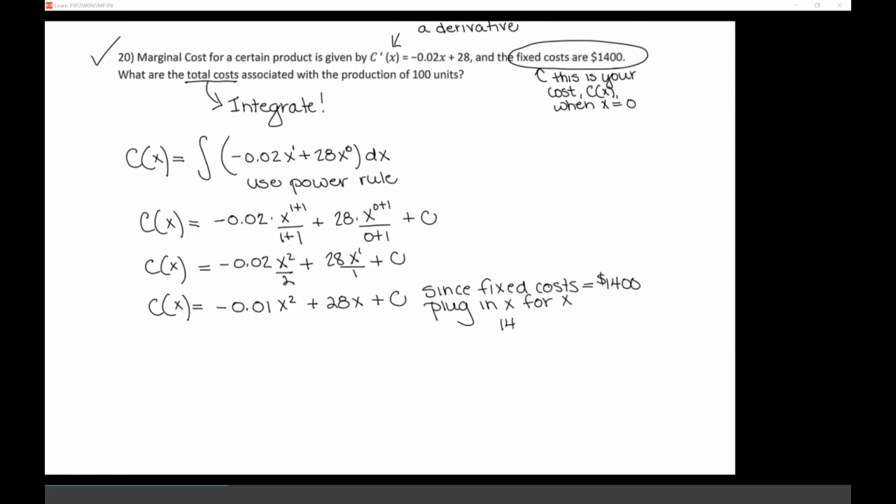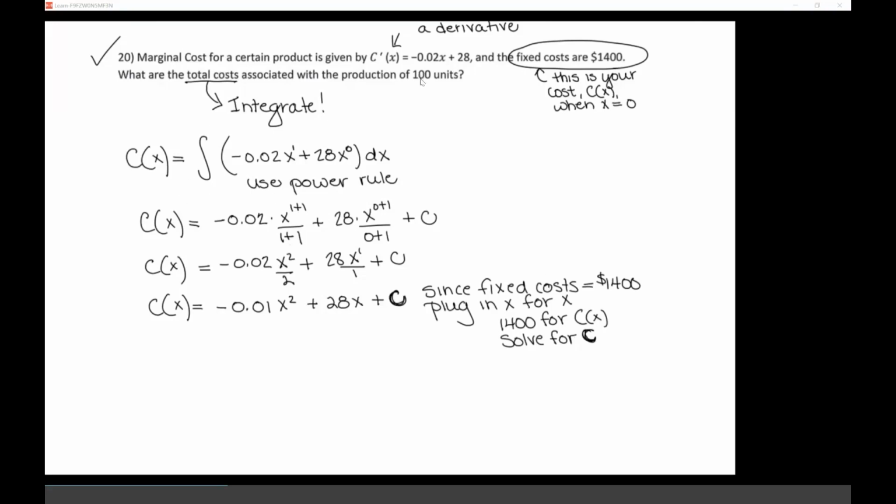Okay, 1,400 for c of x, and solve for c, the constant of integration. Okay, this is giving you another piece of information so you can get an exact value for the total cost function.